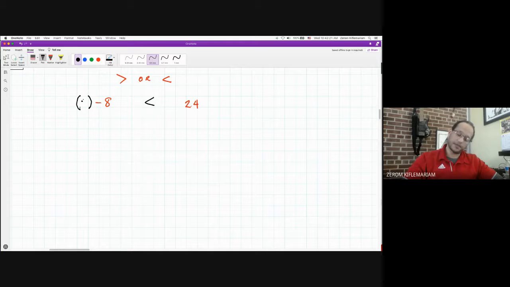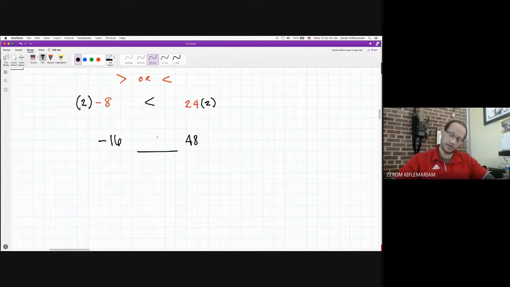If I multiply this by 2, I get -16 and 48. What sign goes in between? Still less than. Now if I divide this side by 4 and this side by 4, I get -4 on this side and 12.